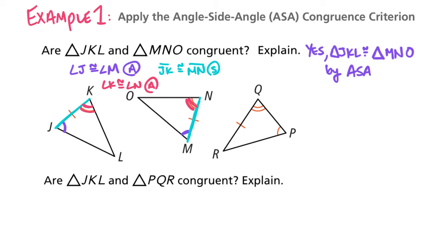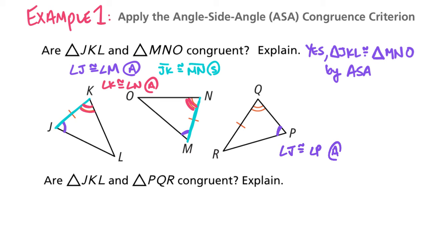Now at the bottom here we have another question asking about this far left triangle and the triangle on the far right. And this is kind of where it does get a little bit tricky, because I notice that angle J is congruent to angle P. All right, let's go ahead and color angle P the same color as angle J, right? Angle J congruent to angle P, which is a pair of angles.